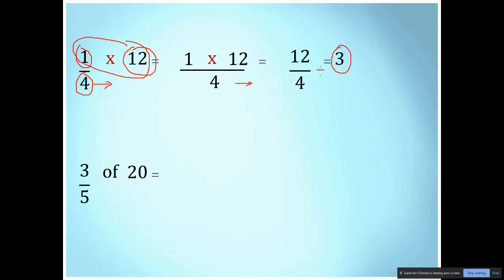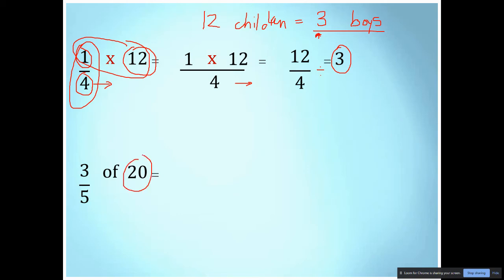So that means in 12 children, 3 of them are boys. All right. So that's the answer for that. That means 1/4, which is the boys, is 3. So 1/4 of 12 is 3.